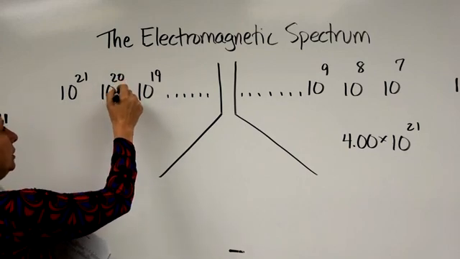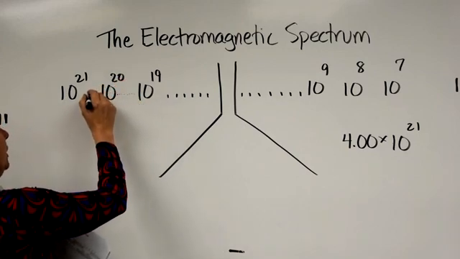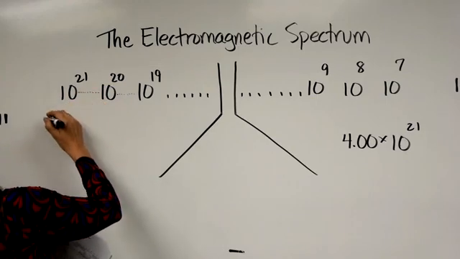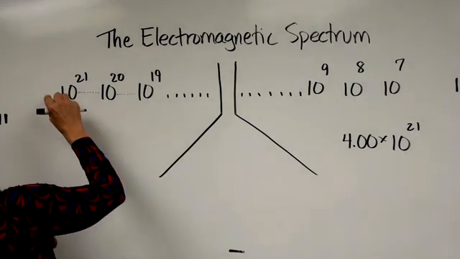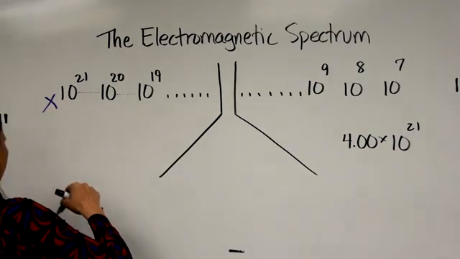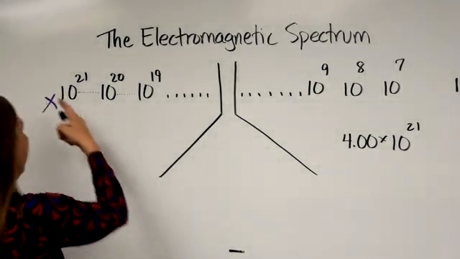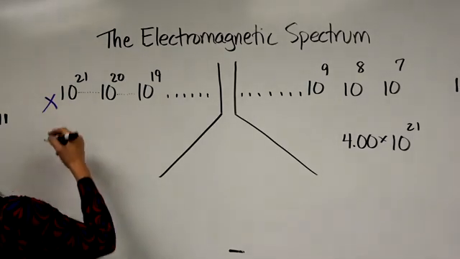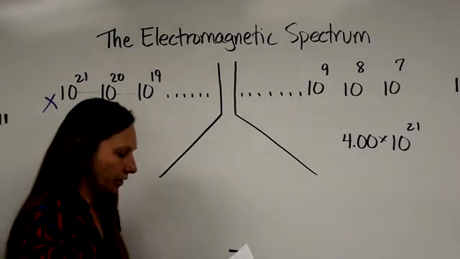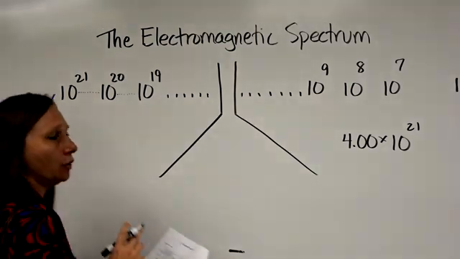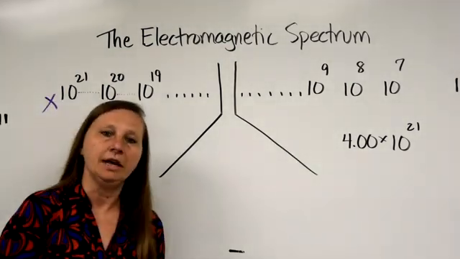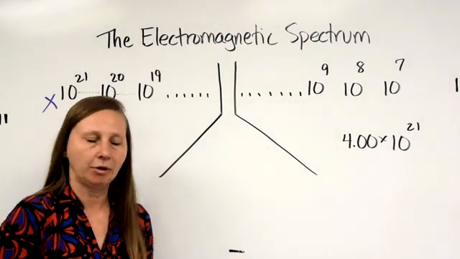Then we start 10 to the 20th. So times 10 to the 20th would be all the way through here. So somewhere around here, we're going to find 4 times 10 to the 21st. If you look on the chart, that's going to show that 4 times 10 to the 21st would be gamma rays. Those would be gamma rays.